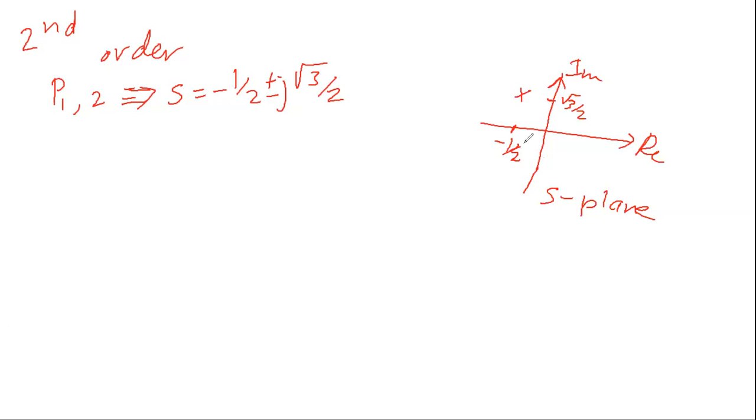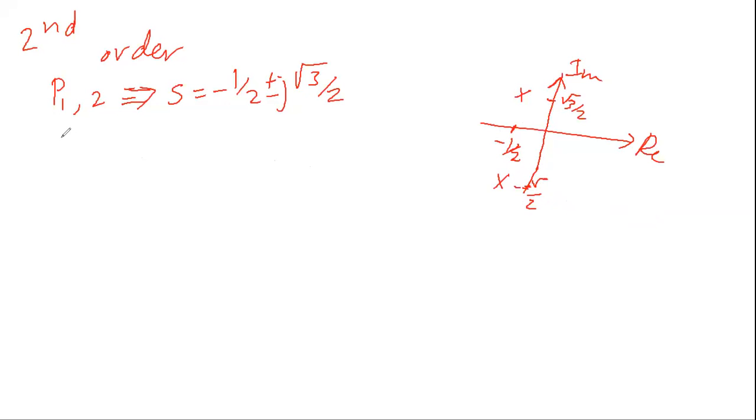Of course, if you have a complex pole, you have to have the other one here, the complex conjugate at negative square root of 3 divided by 2. So this is the s plane.